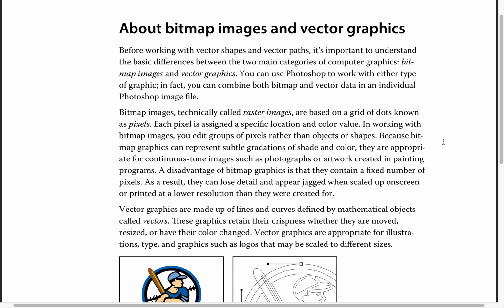Because bitmap graphics can represent subtle gradations of shade and color, they are appropriate for continuous tone images, such as photographs or artwork created in painting programs. The disadvantage of bitmap graphics is that they contain a fixed number of pixels. As a result, they can lose detail and appear jagged when scaled up on screen or printed at a lower screen resolution than they were created for.